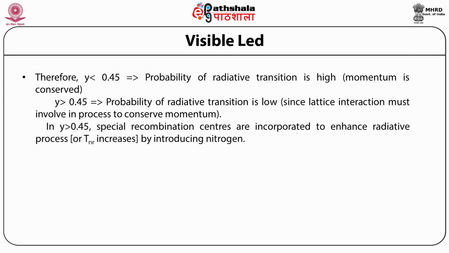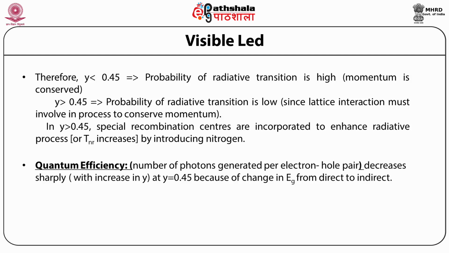Therefore, y less than 0.45 means the probability of radiative transition is high. For y greater than 0.45, the probability of radiative transition is low, and here the recombination centers are incorporated to enhance the radiative process.